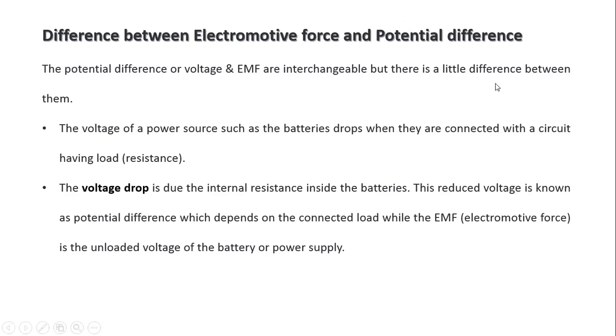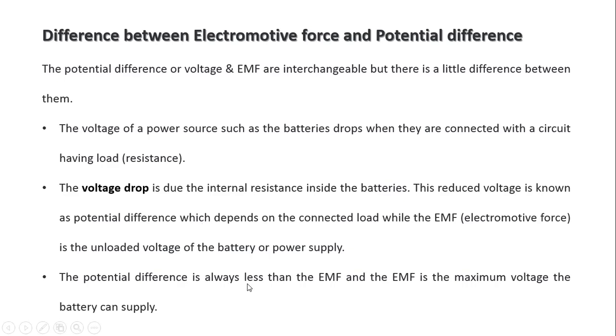Potential difference is the difference in voltages before and after the load, whereas electromotive force is the overall voltage of the circuit through which the circuit is running. The potential difference is always less than the EMF. Of course, EMF is the voltage of the whole circuitry, and the EMF is the maximum voltage the battery can supply.